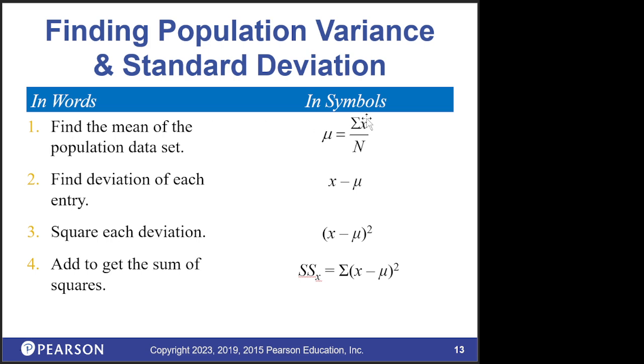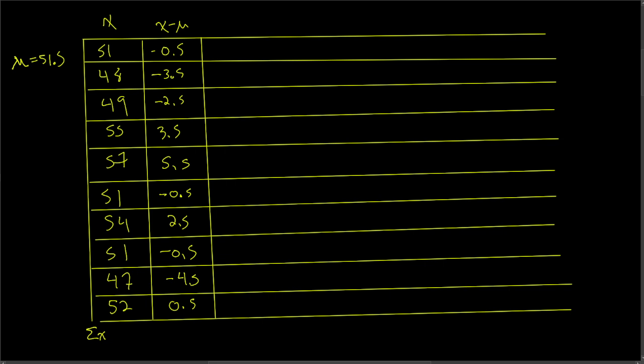So we found the mean and we found the deviation for each entry. The next thing we need to do is square the deviations. So we make a column for the squares. Notice how we're using columns to organize each of the steps.